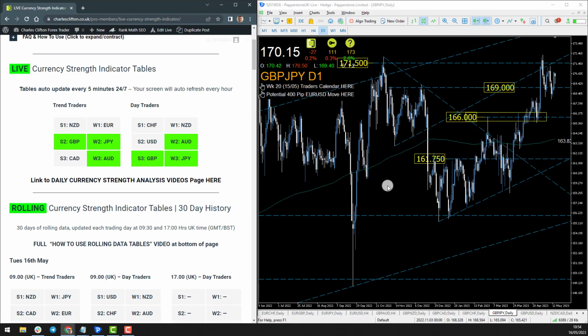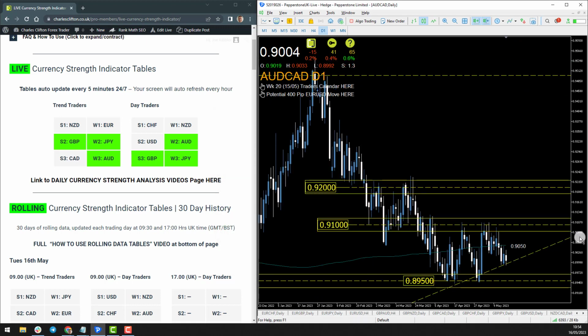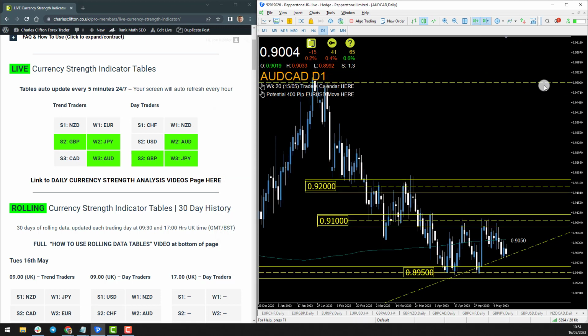Now we were going to take a look at Aussie CAD, but we can see that CAD has come away from the table, so it's suggesting to us that maybe it's not the one to watch. And I was looking at Aussie CAD, and the technicals agree with that information because price is at a trend line support through here. We've been trading down ever since we came into the 0.91 handle, and price has traded lower.